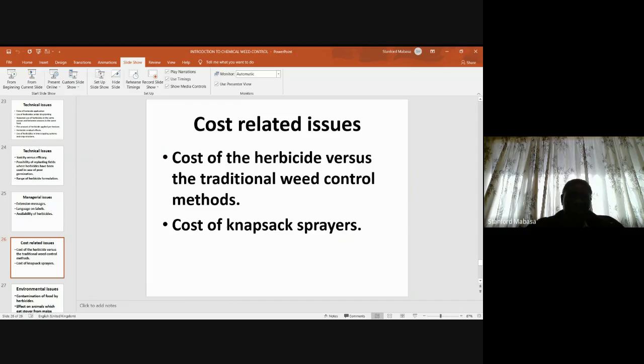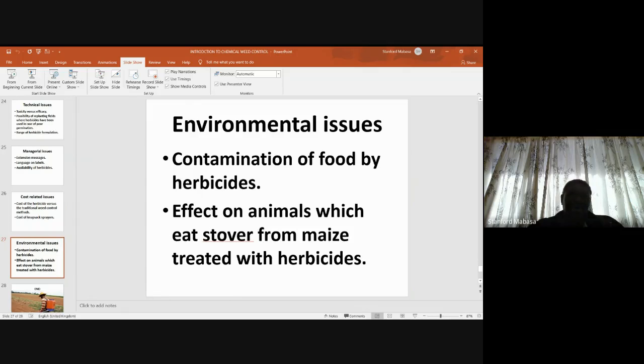Then cost-related issues. Now, the cost of herbicide versus the traditional weed control methods. Farmers were of the opinion that probably herbicides were very expensive. Cost of sprayers, they needed to buy knapsacks.